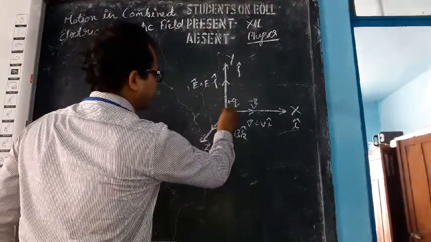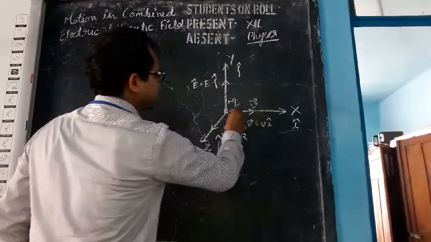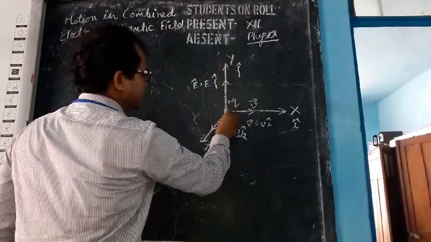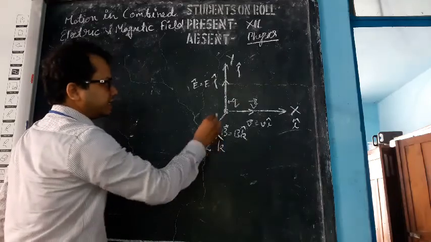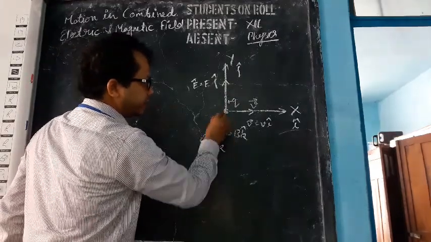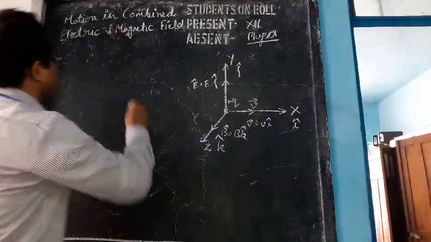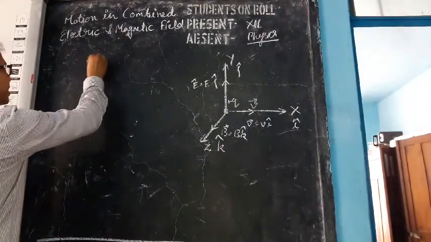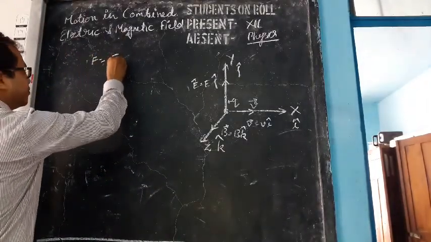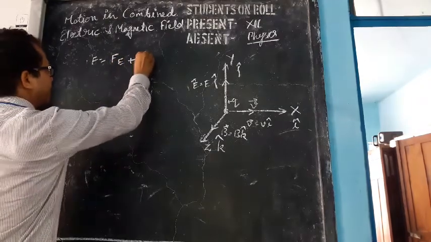Now when the charged particle, this plus q, is moving along the x axis, and the electric field is along the y axis, it will experience an electric force, and since it is moving in the magnetic field too, it will also experience a magnetic force. So the net force acting on the charged particle is the electric force plus the magnetic force.